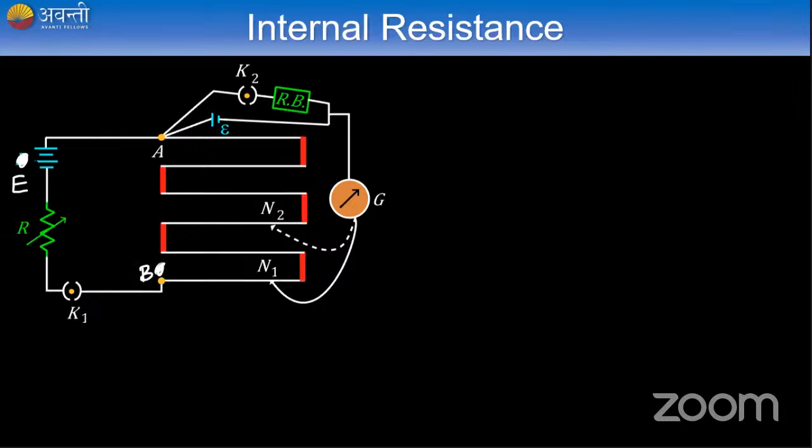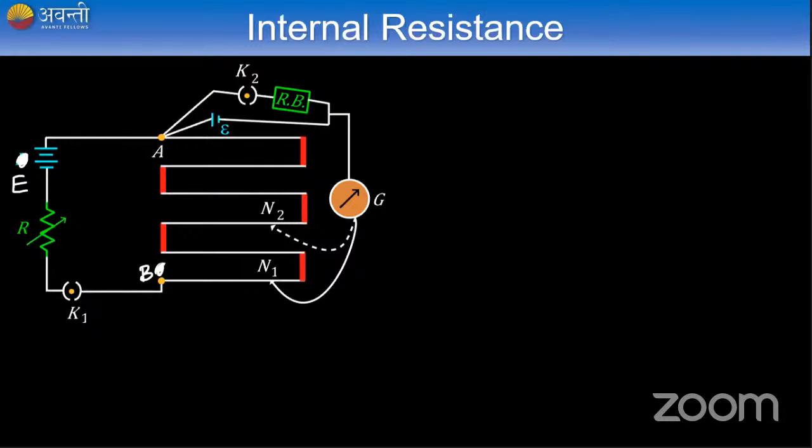Please note that this is E, this is V. So instead of connecting two cells, I have connected only one cell, and the other arm is connected with a switch and a resistance box. This is the only change, otherwise there is no change. So to find the internal resistance of the cell, we connected a resistance box with a switch.